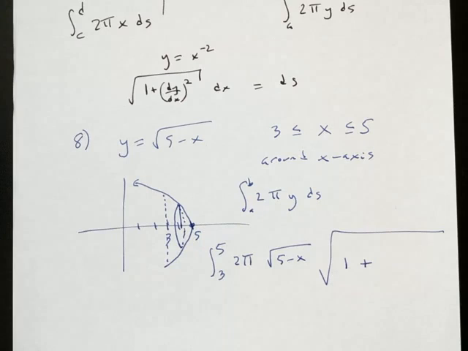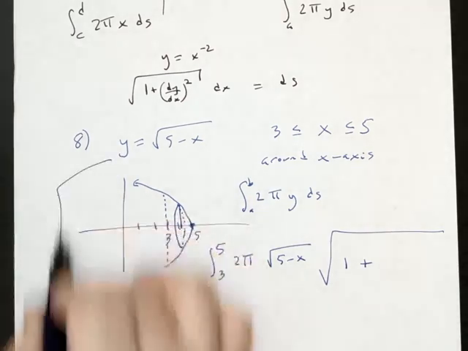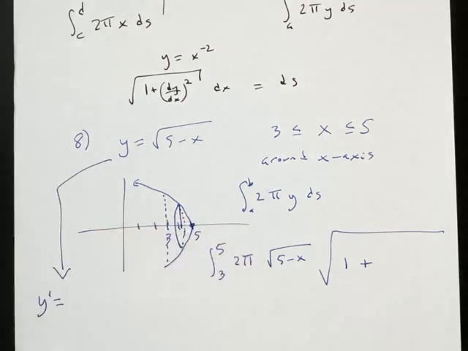I need dy dx. I haven't worked that out yet, so let's go over here. What's the derivative? It would be 1/2 times 5 minus x to the negative half, times -1. Power rule and chain rule. Great. Remember, I've got to square that.